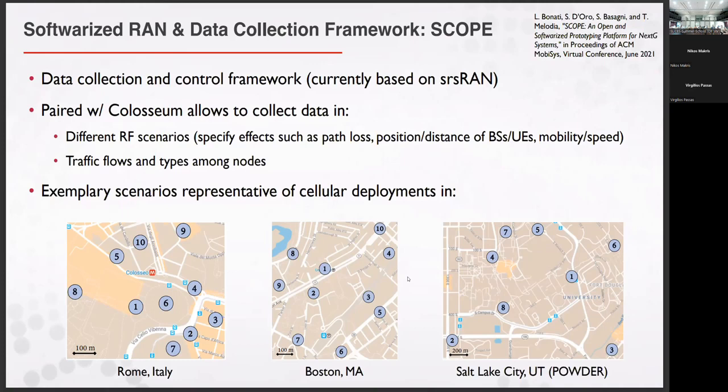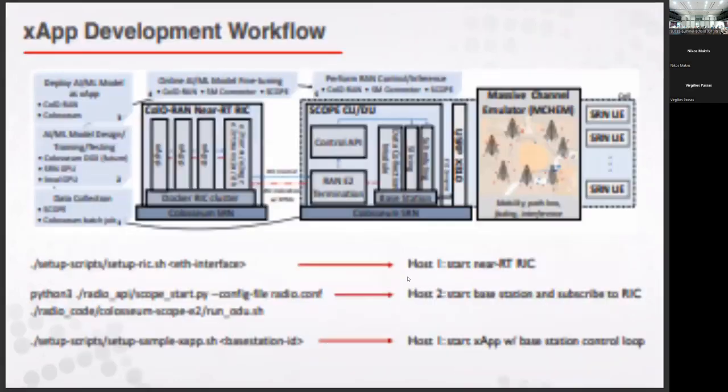It's a little bit hidden, but the idea here is that you can now, in these various scenarios, using this SCOPE framework, collect the amount of data and the types of data that you would want. So you have these exemplary scenarios that are represented and are annotated to do data collection on your behalf using the framework that's available. And if you want more details, there are a bunch of papers that have been published, one referenced up here to the right.